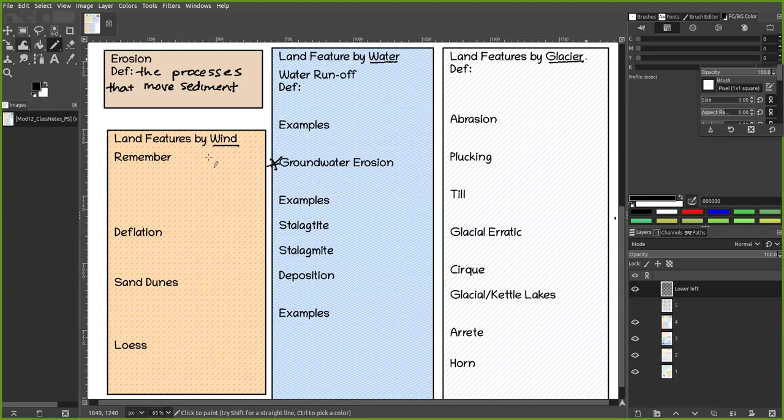So if you're talking about land features that are caused by the wind, you have to remember the faster the wind, the more sediment is moved.